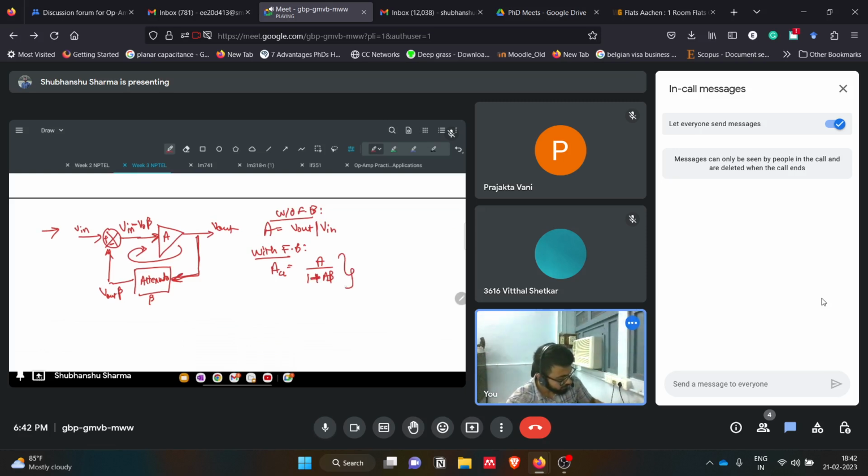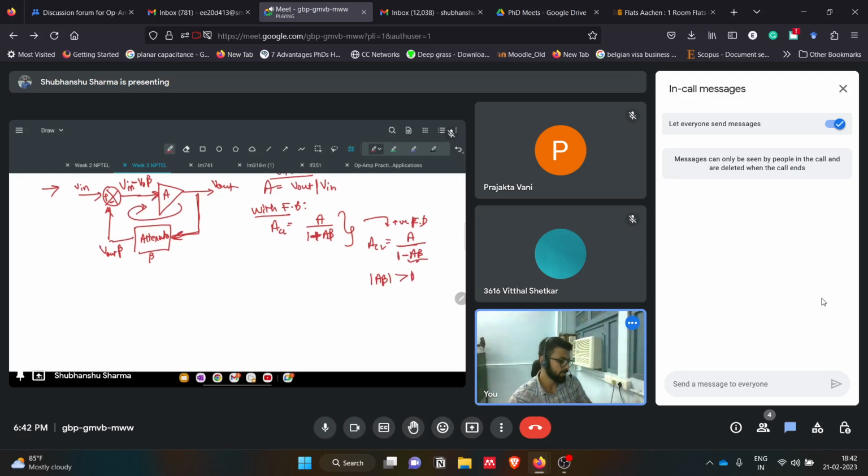This is basically for negative feedback. To make it positive feedback, we need the gain to look like A upon 1 minus A beta. For that, the modulus of A beta should be greater than 1. That is what the Barkhausen criteria is. This we also learned.